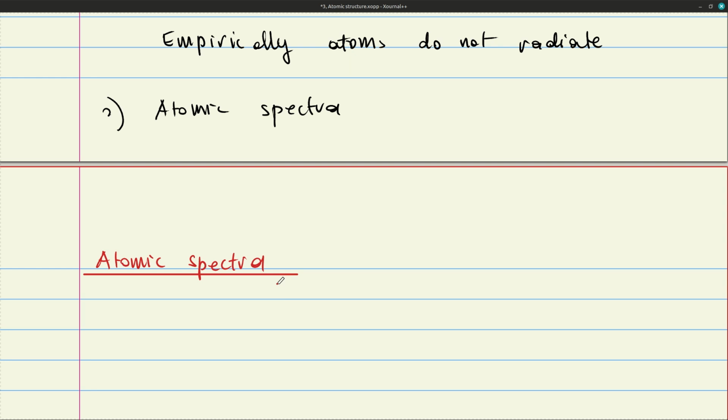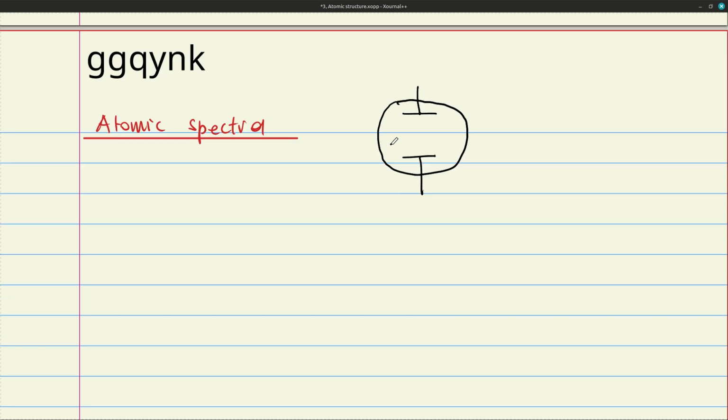And the way it was found is very simple. Suppose you can apply very high voltages, and you have a dilute gas inside your vacuum, and you apply a high voltage, and the result is that radiation comes out.